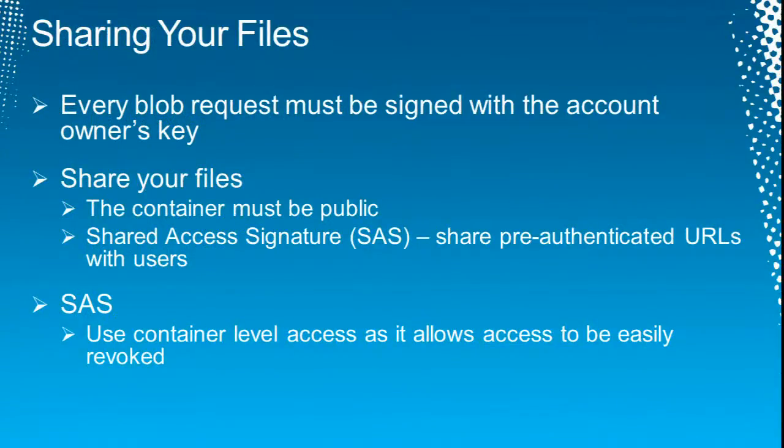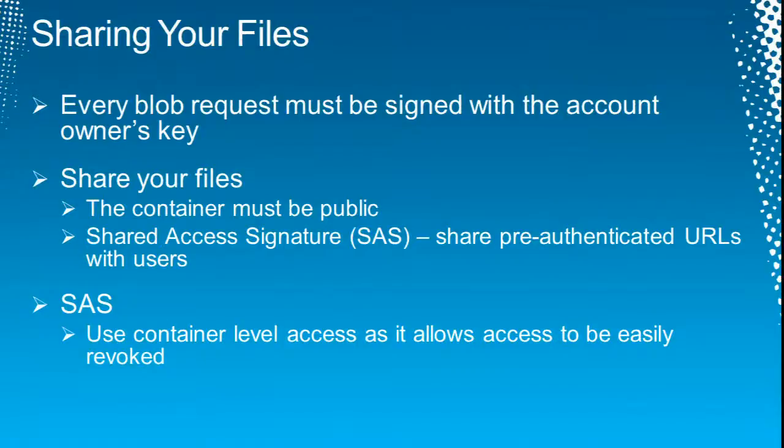So moving to the sharing scenario. Like I said, every blob request must be authenticated. You need your secret key and account name to access these blobs. However, for sharing scenarios, let's say you're developing the next social network which has no security. You just want it to be public.